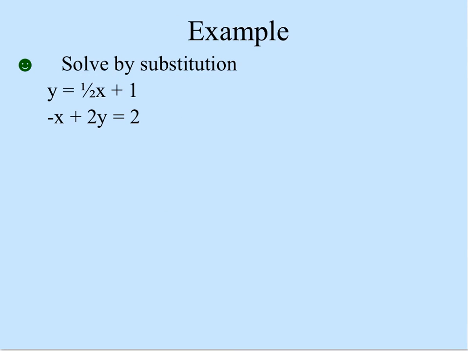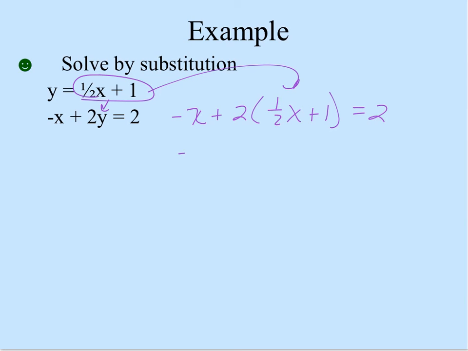Here's another example. Again, we're going to substitute this in for the y. So you get minus x plus 2 times 1/2 x plus 1 equals 2. I distribute, so negative x plus 2 times 1/2 x plus 2 times 1 equals 2. So negative x plus 2 equals 2.